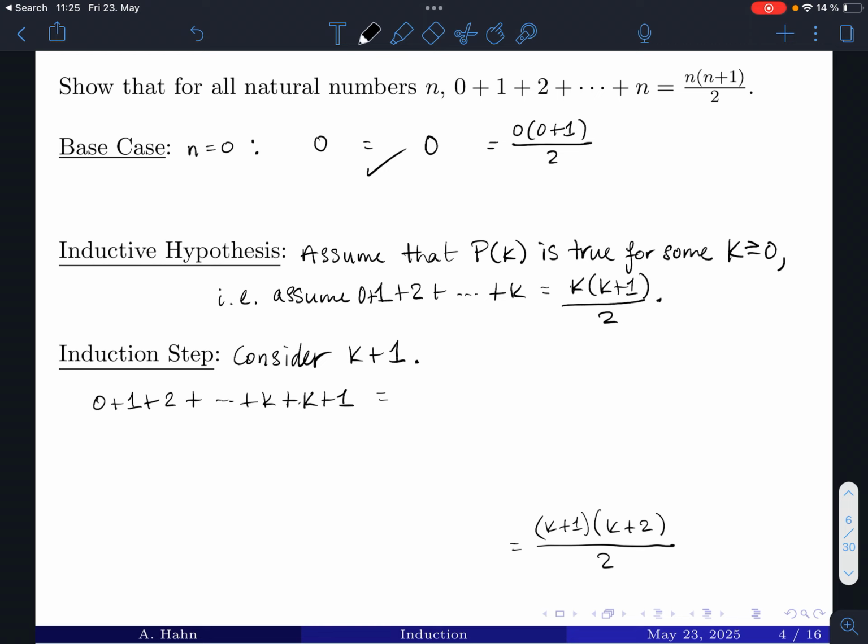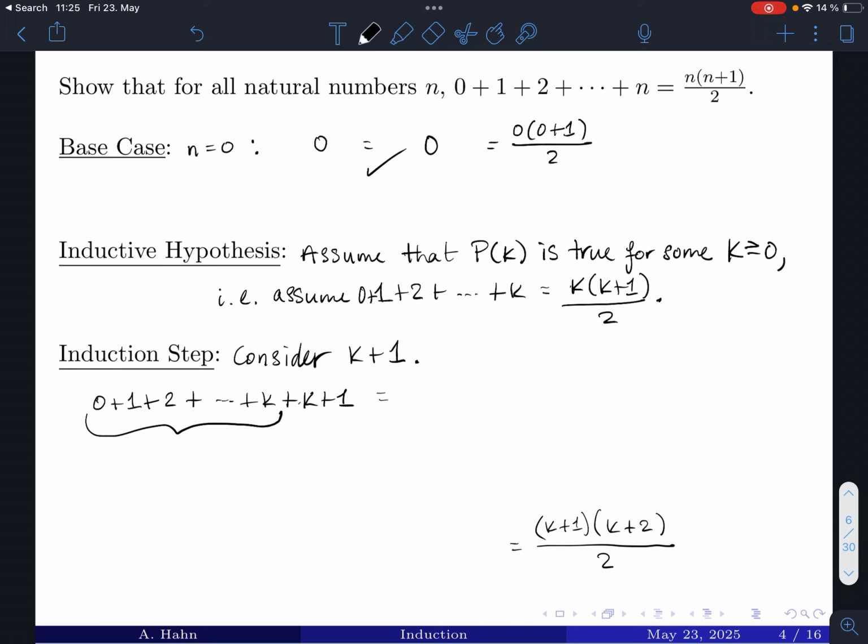Another thing to note is that we need to use the inductive hypothesis. If we're not using the inductive hypothesis, then we're probably not doing induction. So we wrote down the sum from 0 to k plus 1, and if we look at it, this first bit is the left-hand side of the predicate in the inductive hypothesis.